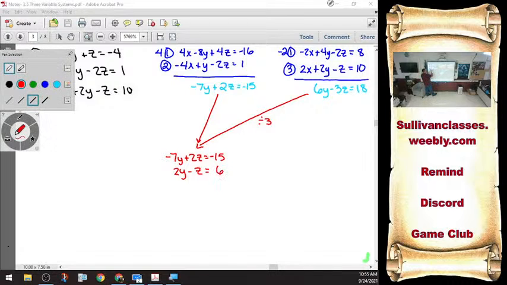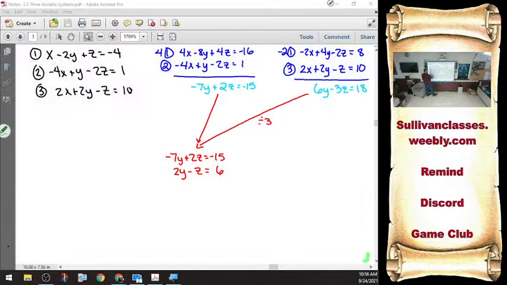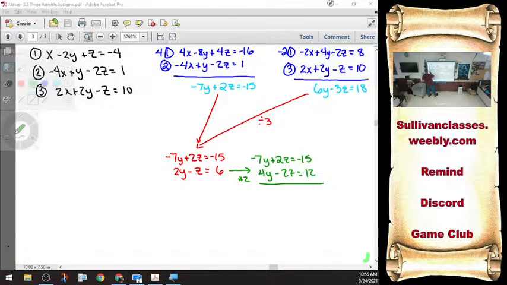I think most of us preferred take this times 2. Negative 3y is negative 3, y is 1.